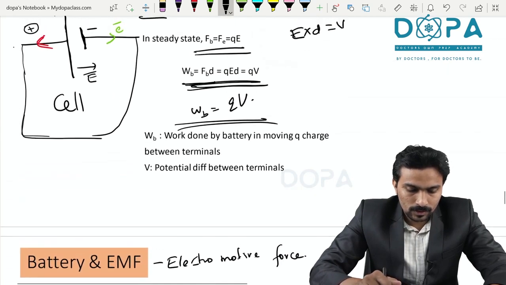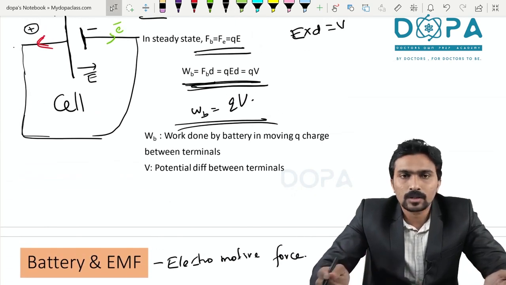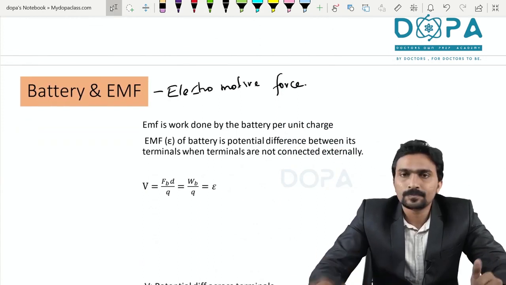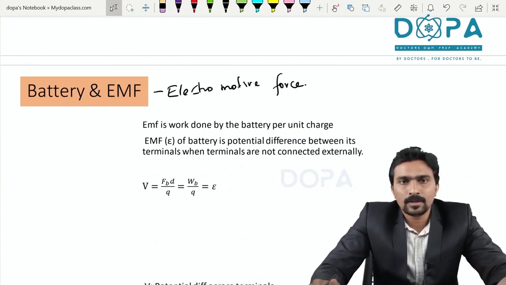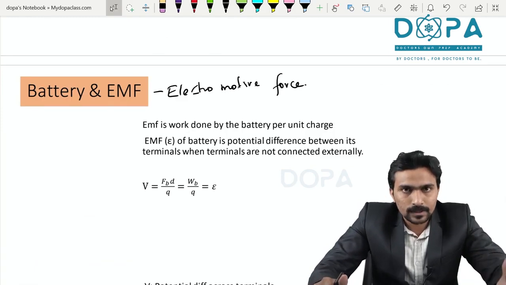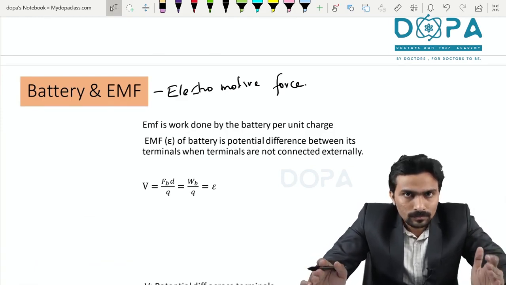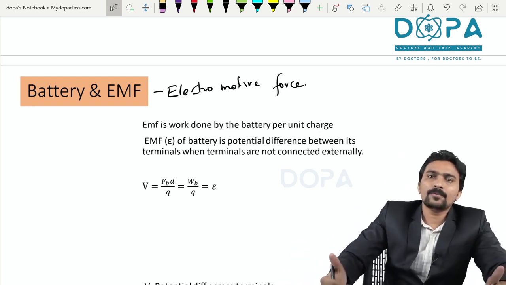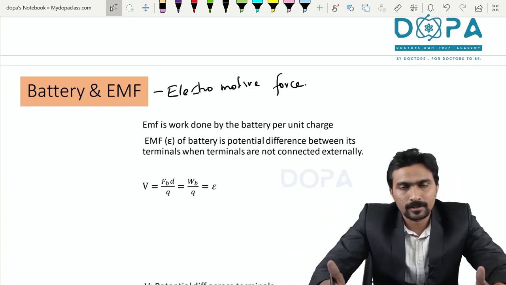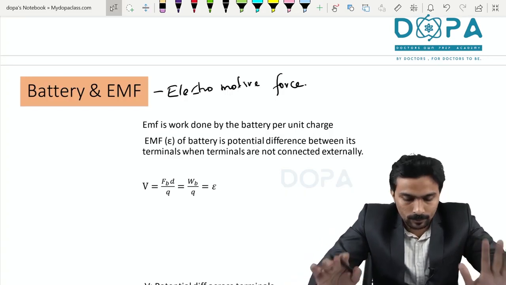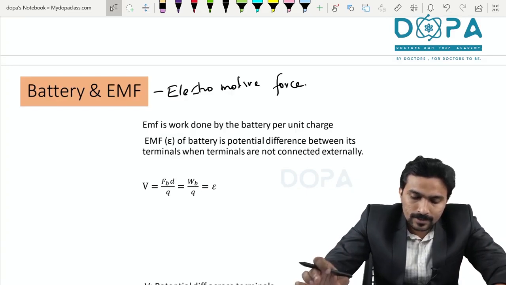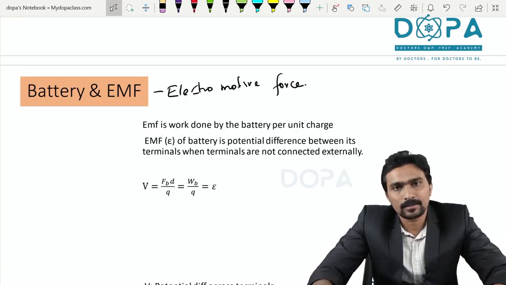So previously we wrote WB is equal to Q into V. Therefore, V is equal to WB by Q. That is EMF. Even though the name is force, it is not a force. It is work done per unit charge, or electric potential. EMF of a cell is nothing but electric potential. It is not a force. EMF of a battery is the potential difference between its terminals when they are not connected externally.